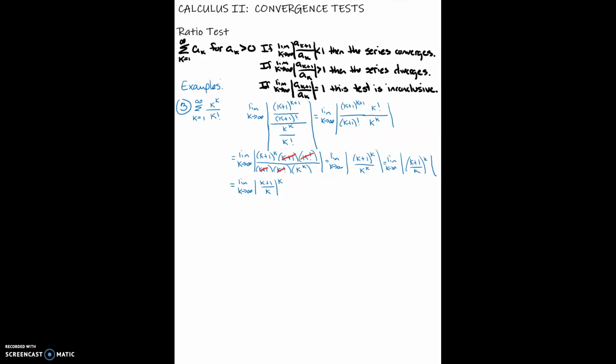Now remember, we're going to use an algebraic technique where I'm looking at inverse functions, specifically the e function and the natural log function. I can write this as the limit as k goes to infinity of e raised to the natural log of k plus 1 over k to the k. Notice again, the argument on the natural log is the argument of that limit.